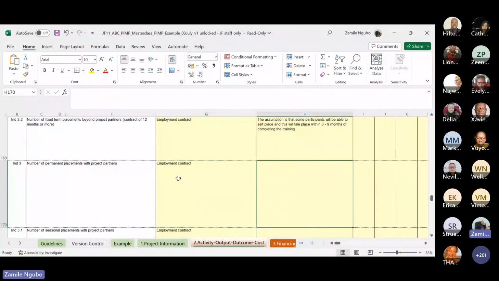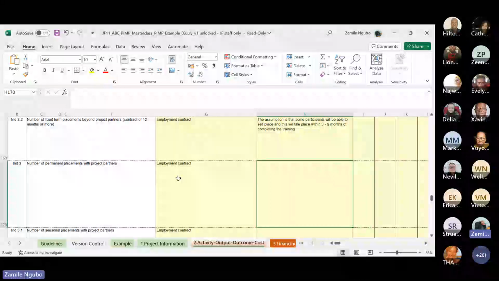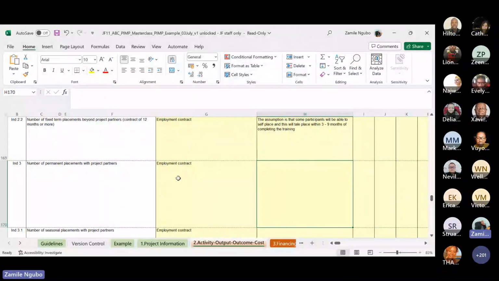Then another indicator that we're given is indicator number 3, the number of placements with project partners. So we're given 136. So the assumption here is that most of the participants will be placed with employers that the project has signed offtake agreements with.